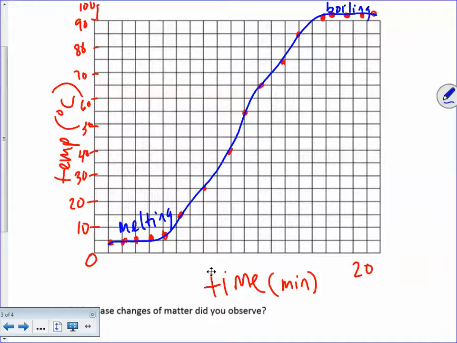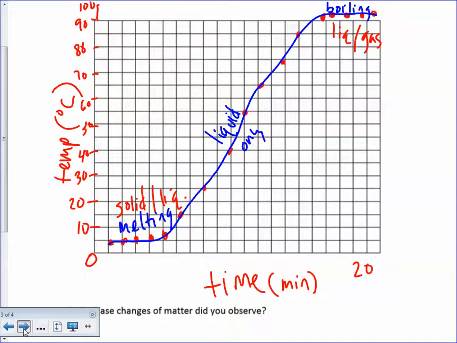And in between, we had this high rate of heat exchange where it was liquid only, whereas down here we had solid and liquid, and up here you had liquid and gas occurring. So hopefully this helps you just a little bit about making your graph.